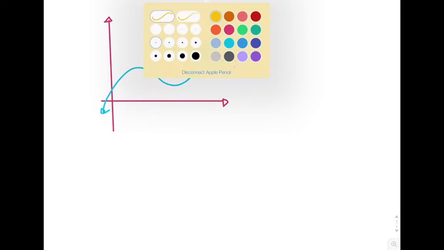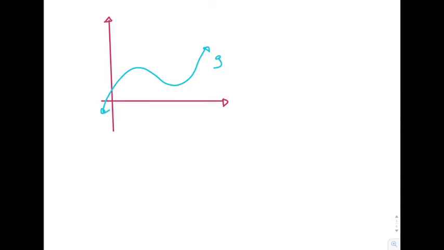So in this particular case, maybe we're looking at the average rate of change between this x value and this x value. To find the average rate of change between those 2 points, we need to know essentially the slope of the line that connects these 2 points on the graph of g.